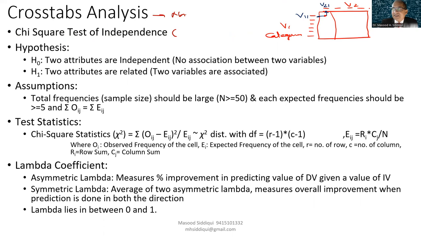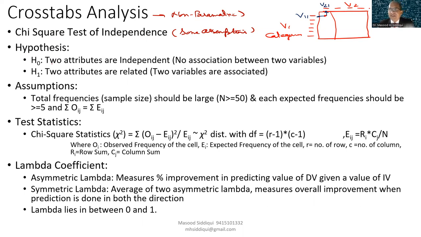Here in this test, we will be considering the non-parametric part, where we examine whether the two attributes are independent or not. Obviously it requires some assumptions. We will be discussing those assumptions here. Then only a normal chi-square test would be converted into a chi-square test of independence.